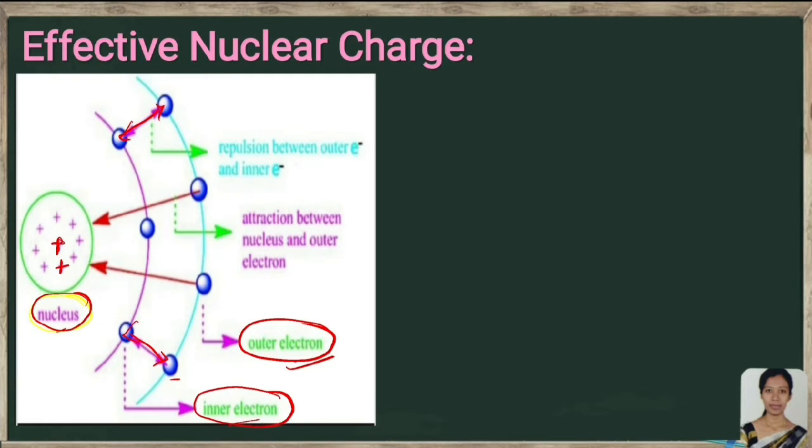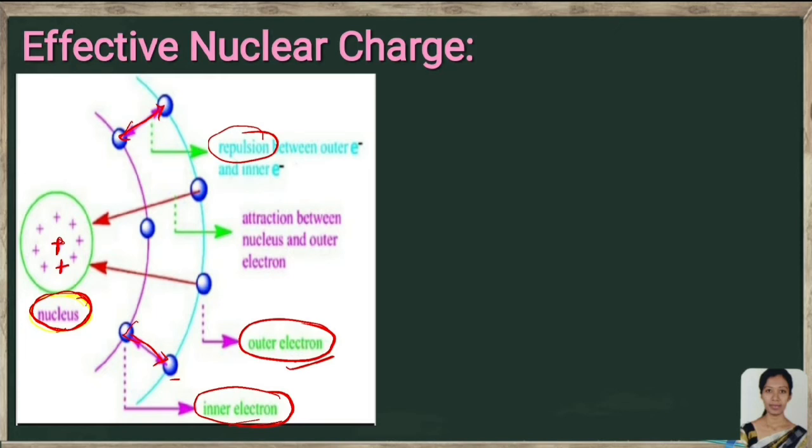Because of this electron repulsion, the outer electrons do not experience the nuclear charge of the nucleus effectively. The inner electrons are avoiding the outer electrons by means of repulsive force. That's why the outer electrons do not experience the nuclear charge completely. Outer electrons experience a smaller amount of nuclear charge compared to inner electrons.